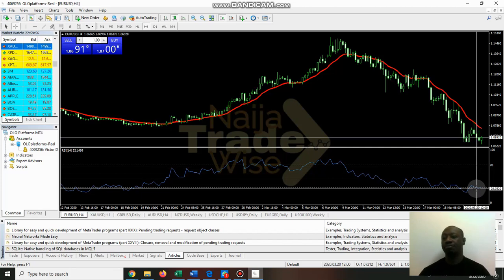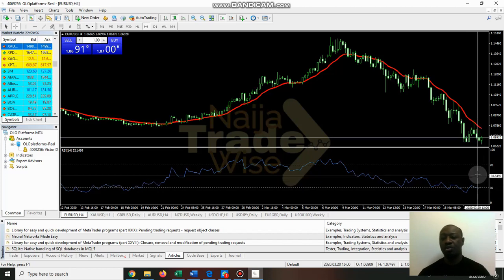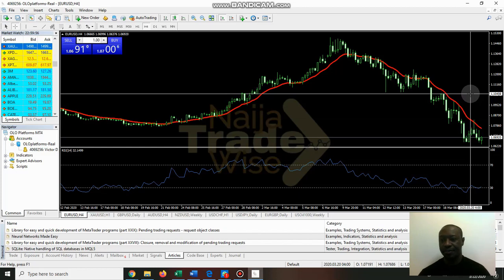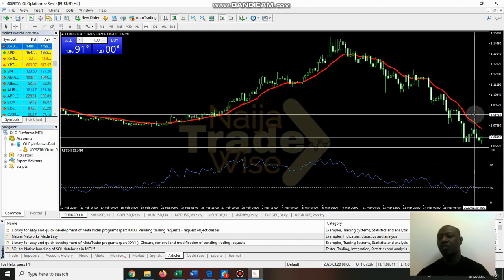What we see here says it is oversold. So because we want to go bearish on this, we will not be taking this trade. We'll wait for it to pull back to the top. Perhaps, like I mentioned, it might be here, and then we wait for a pullback into the resistance, and then we can enter the position with a bearish entry.